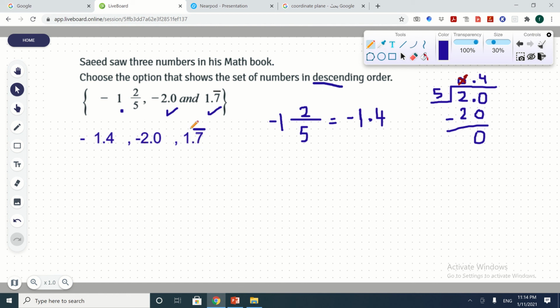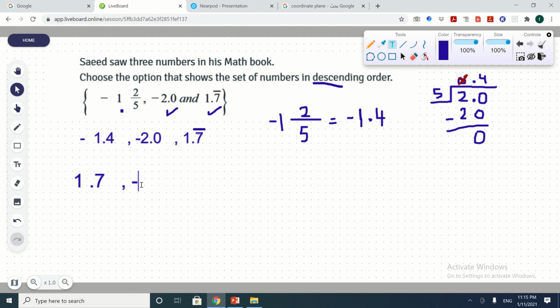Of course the positive is greater than the negative because we have only 3 numbers, so the greatest among them is the positive one, 1.7. Okay, after 1.7 we have 2 negative numbers. In negative numbers the smaller number is the greater number. So we are ordering from largest to smallest, and we put the greatest one first.